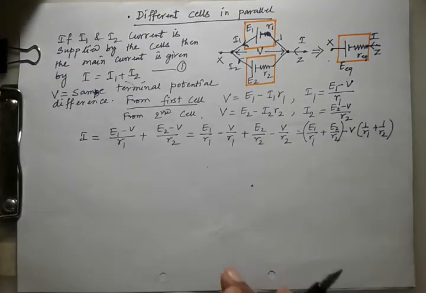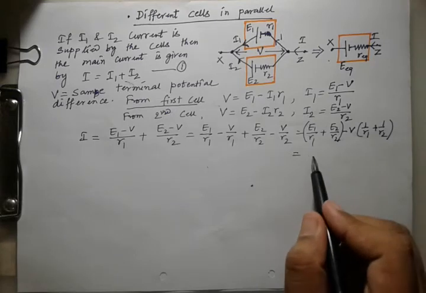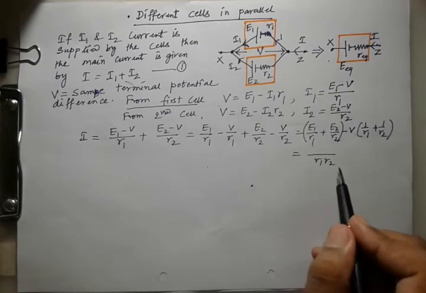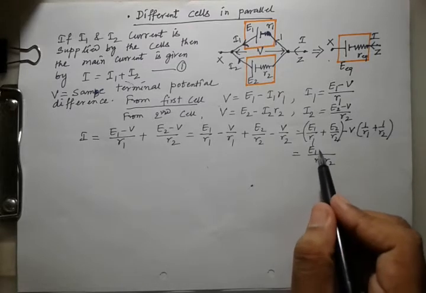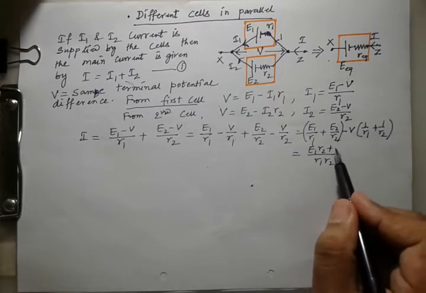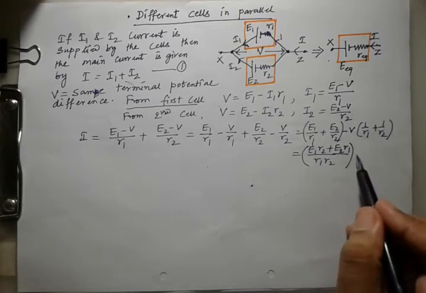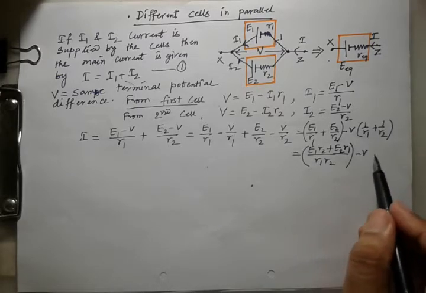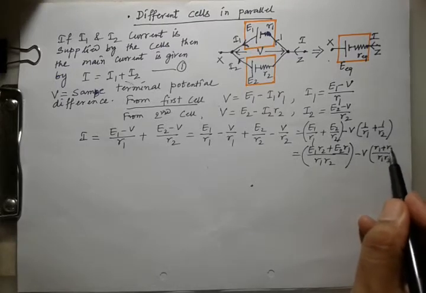So we get that from solving this. Now I is also equal to, you can solve this one, E1 R2 plus E2 R1 minus V, then R1 R2 by R1 plus R2.